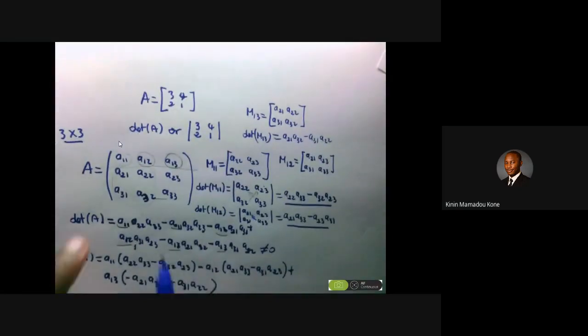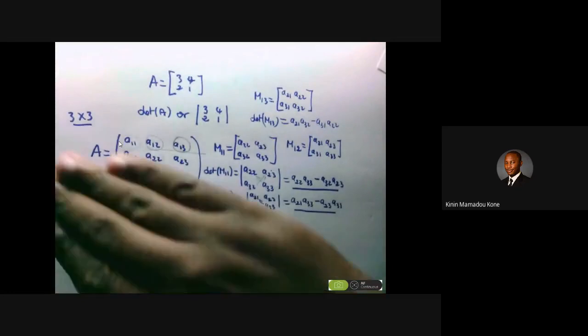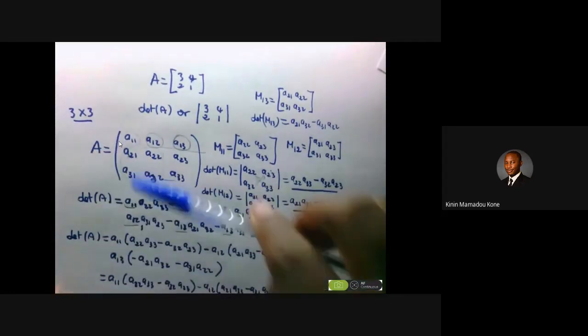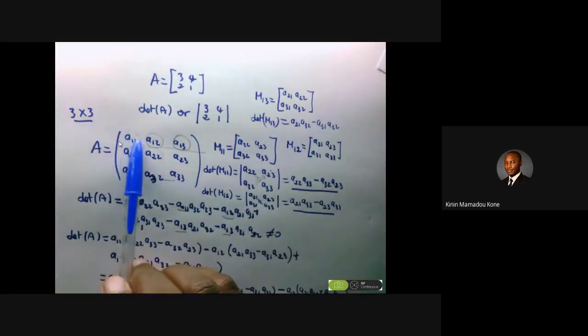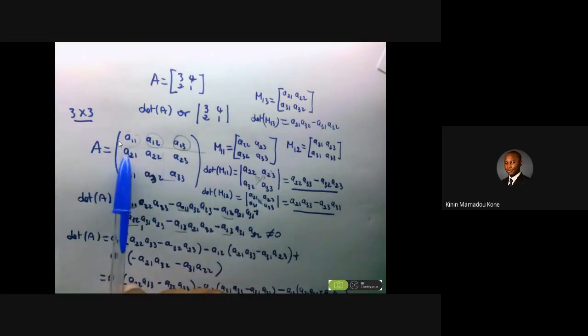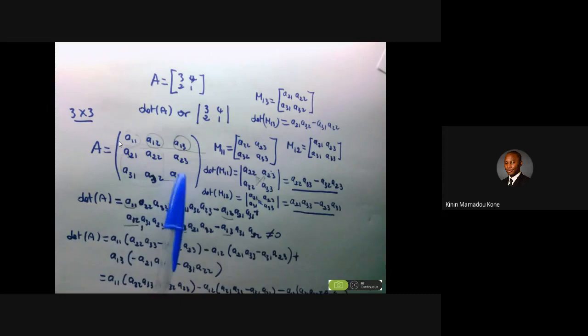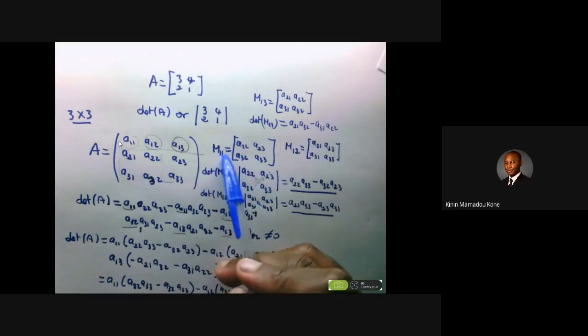We've used this row; it's like we fix this row and move along it. But we could have moved along the second row, or the third row, or we could have moved around the columns to create our M11, etc.